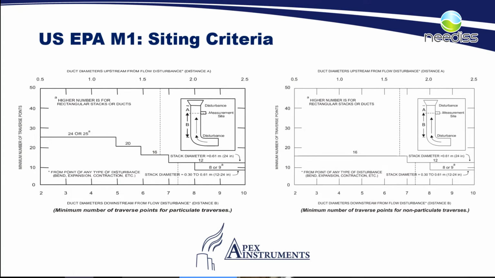You need to be 8 meters past the last disturbance, and a disturbance would be a bend in the tubing of the stack, maybe a fan or something located inside of the stack that could create turbulence in that air. And then you need to be at least 2 meters down from the exit into the ambient air.